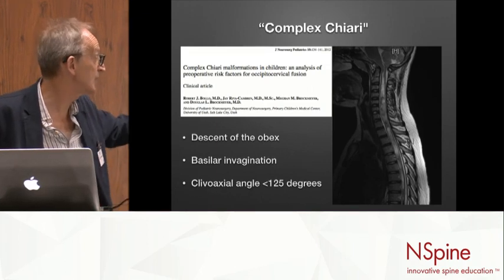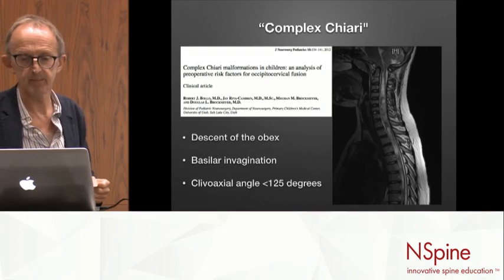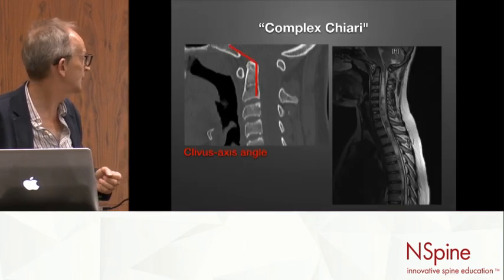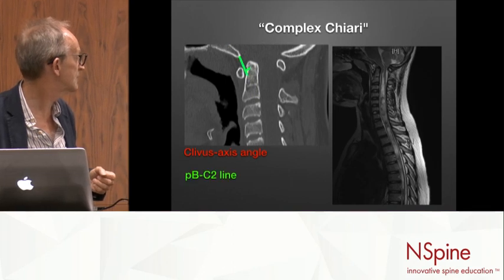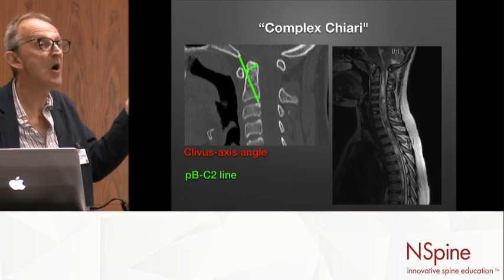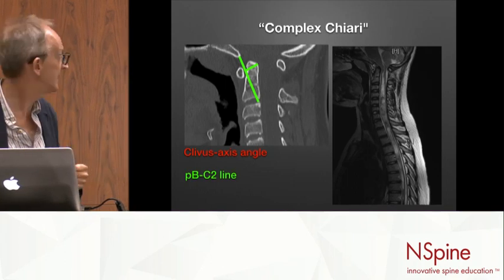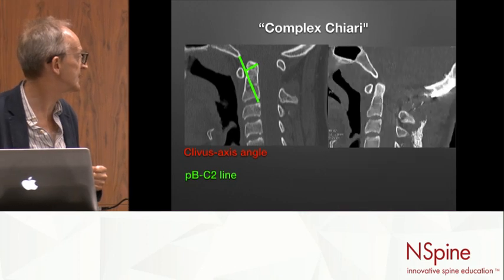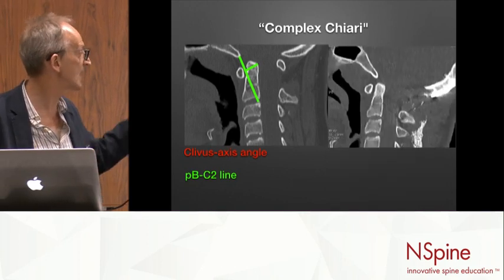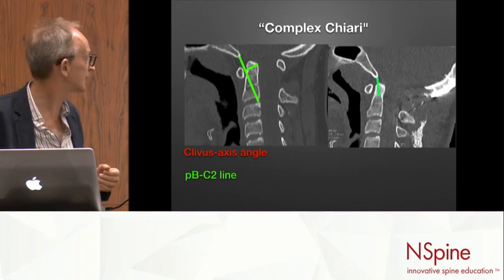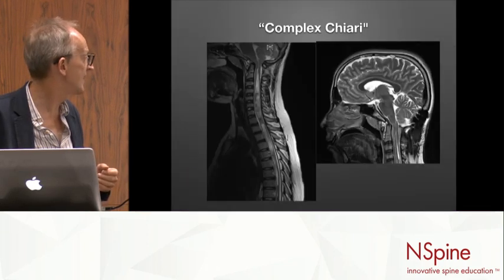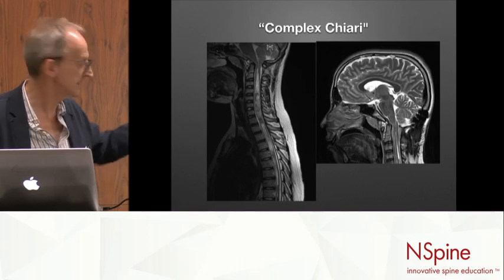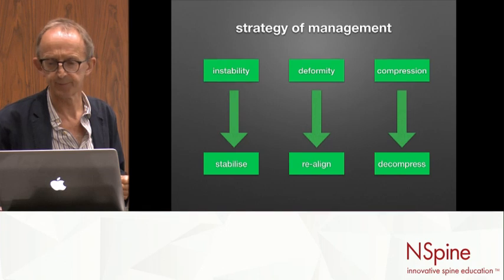It doesn't look that bad on the MRI scan, but one does have descent of the obex, and this so-called Grabb line, which gives you an idea of how much the odontoid is compromising the cervicomedullary junction, gives you an idea of the ones that would probably benefit from some preemptive traction to pull that odontoid down, and fix concomitantly. And there you can actually treat the effect of the decompression. So the syrinx there, as you can see, is better, having reduced that deformity.